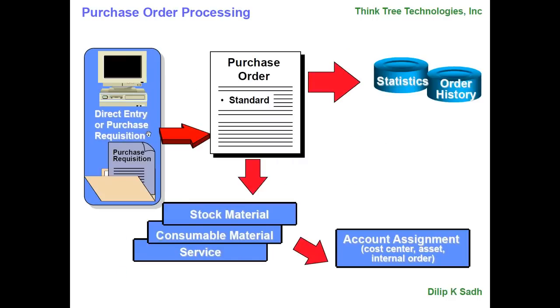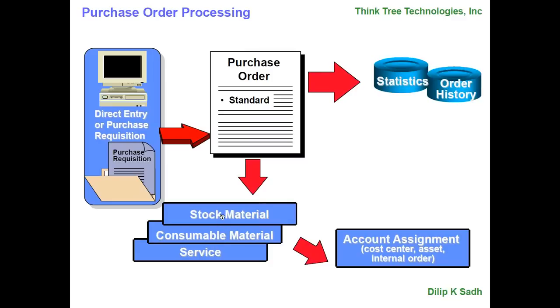Purchase order in SAP can be created for various types of item. The buying in SAP can be divided into 3 buckets. Buying a stock item means item which you buy and keep in a stock is called a stock item. Consumable items means item you buy and directly consume.